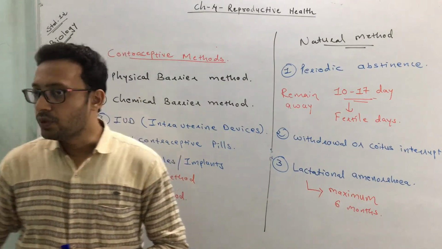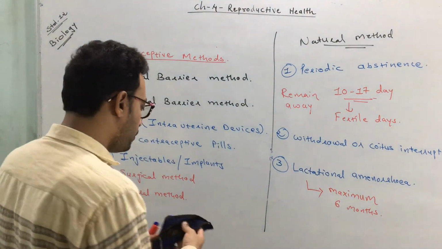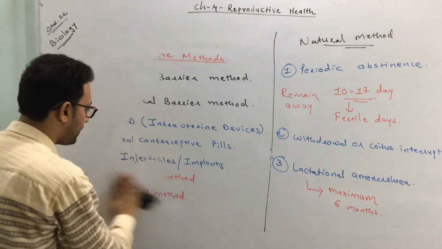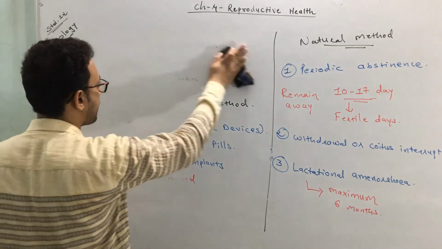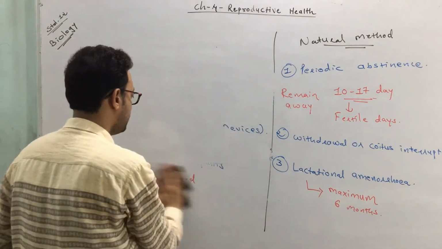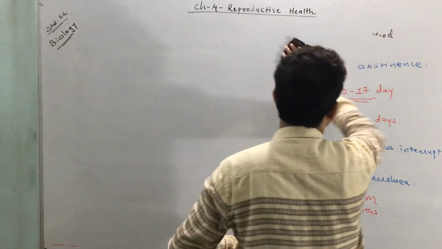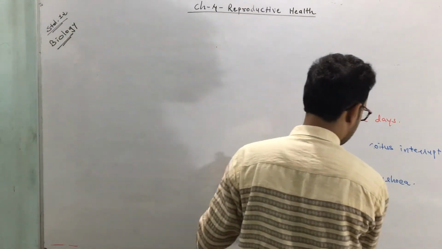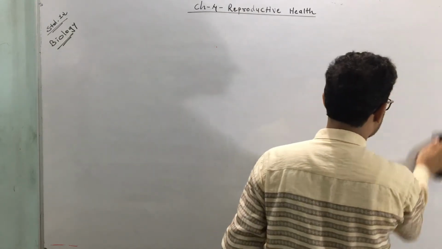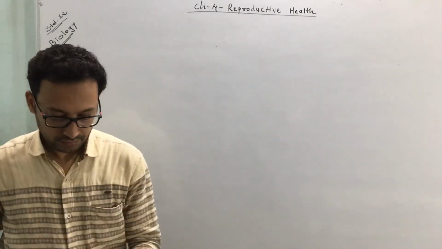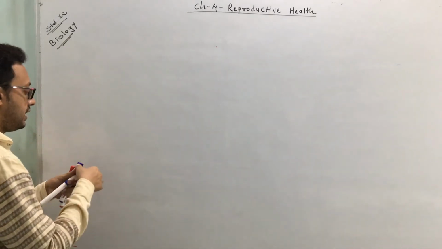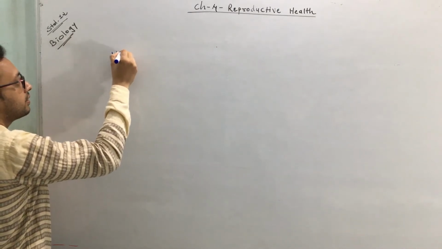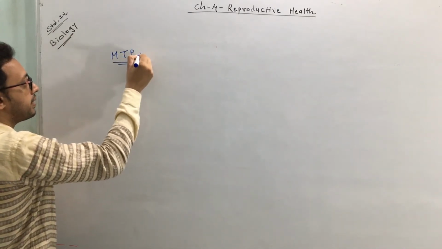Okay, now we move ahead with the next topic, and we do a very brief short topic, and that is MTP. So let's start with another topic in reproductive health, that is MTP.